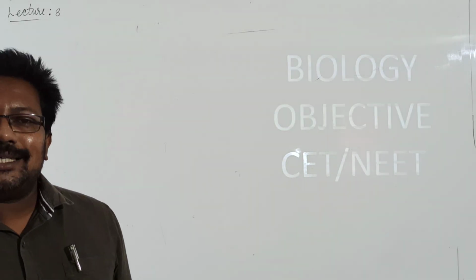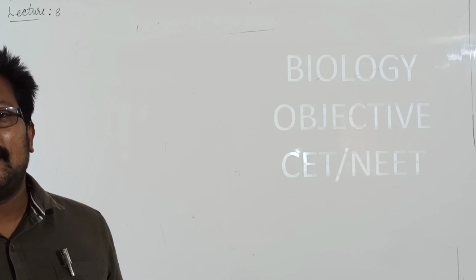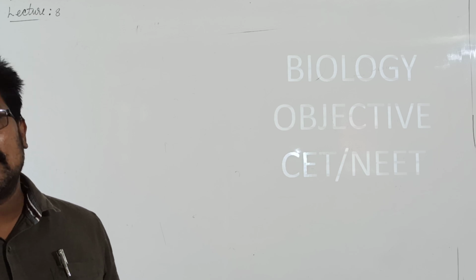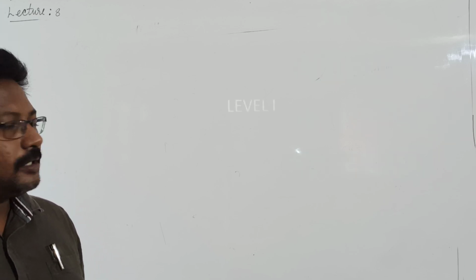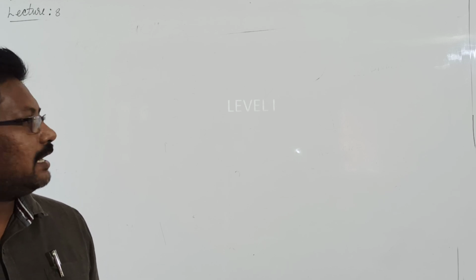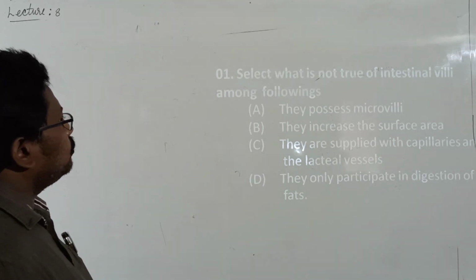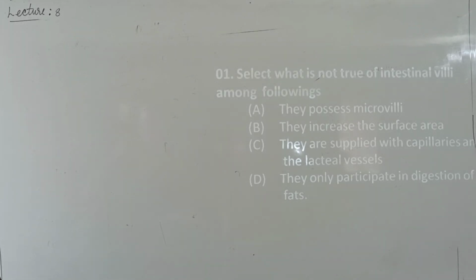So here I have taken the questions from the material given to you, and the question number is saved with your objective material. So let's see the first one, that is level 1 questions. Select what is not true of intestinal villi among the following.